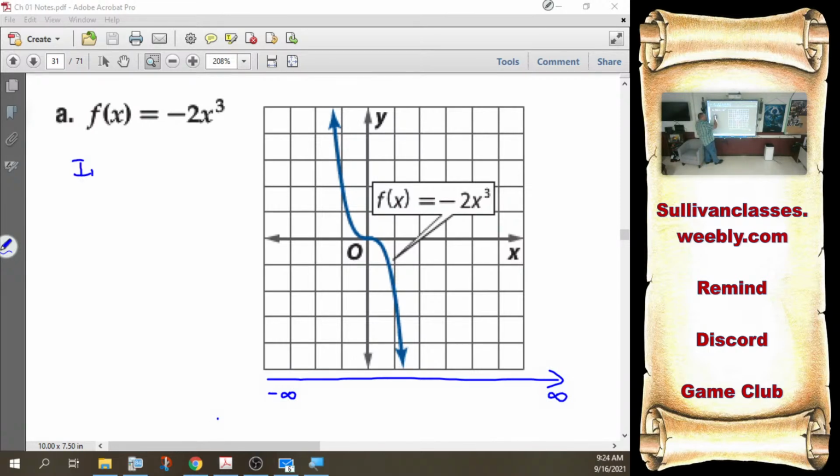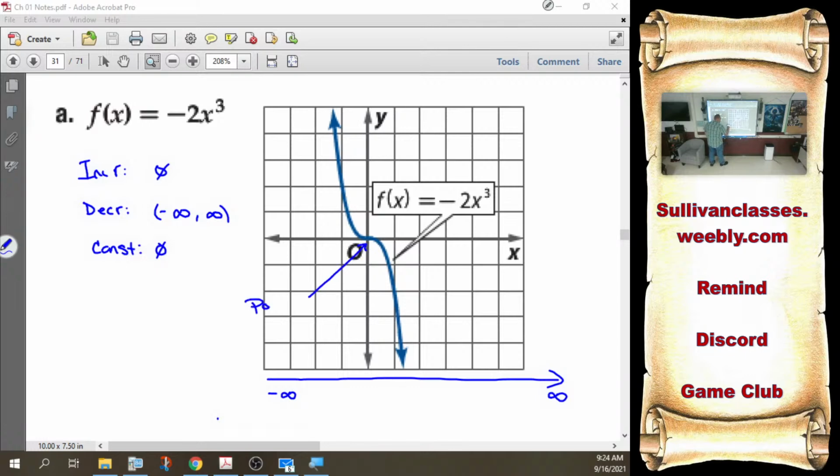My interval of increase on this, well, it never does. My interval of decrease on this is all real numbers. But I do have to say it as an interval because we're talking about intervals. Don't just use the real number symbol. And then constant also nothing. This has its own special name.